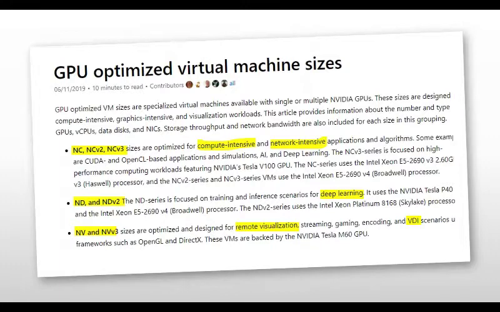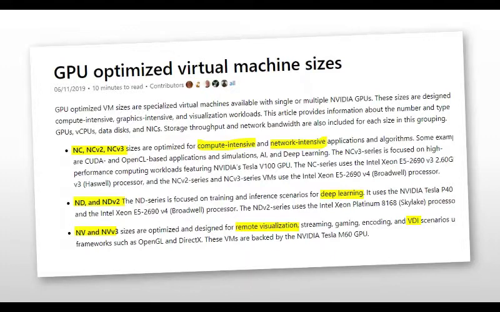An ND is for deep learning, the D is for deep learning, and an NV is for visualization, remote visualization, like VDI, like our space. The question a little bit later is, can I use an NC for remote visualization, for VDI? That's an interesting question to ask, and I will share later what the response is.